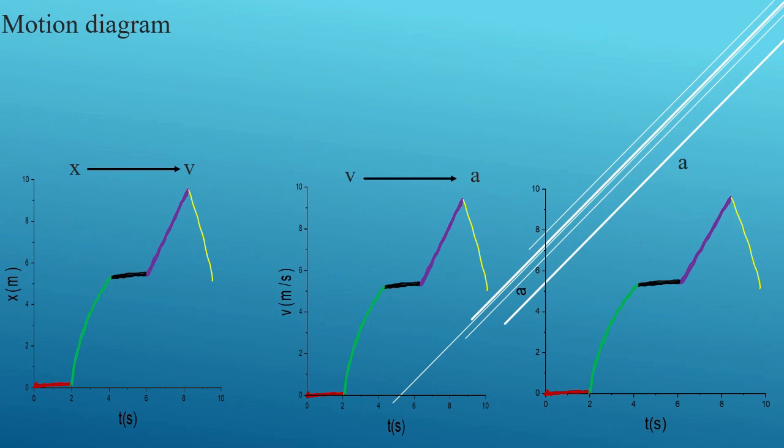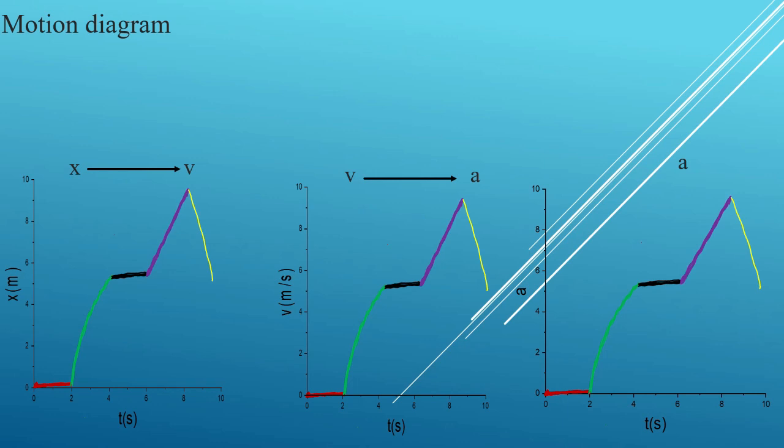So let me talk about the motion diagram first. Here we are looking at three different diagrams and each one has a different meaning. Let's start from the one on the left side. Here we have this plot of displacement and time.